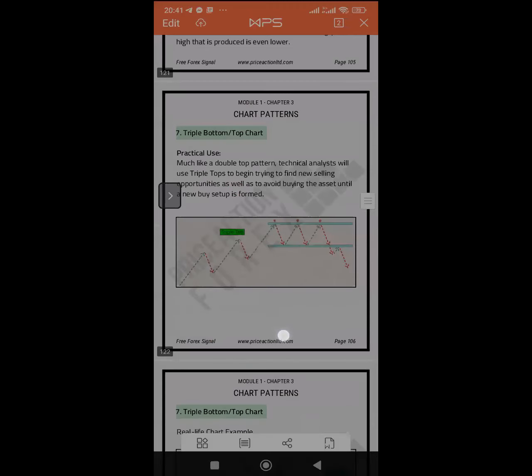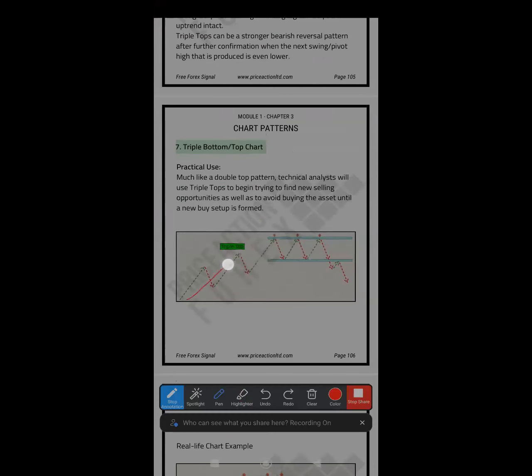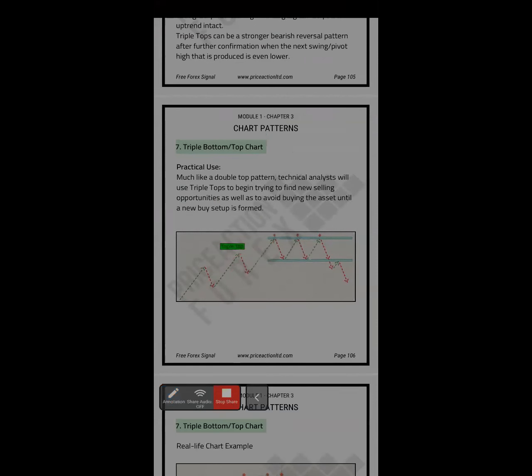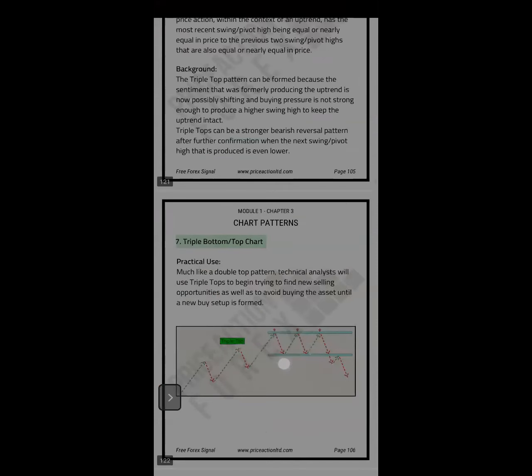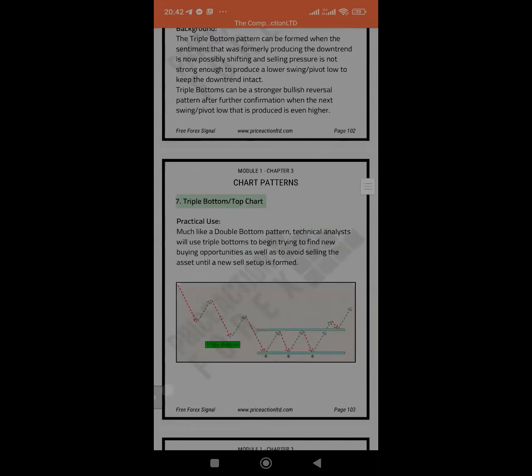If you look at what they draw here, a structural example, they draw like this. The market has been in an uptrend. Okay, this is a double top, triple top. Sorry, the market has been in a downtrend.